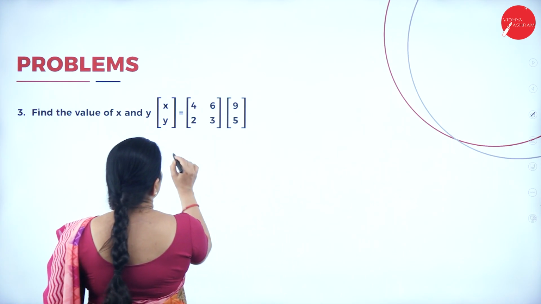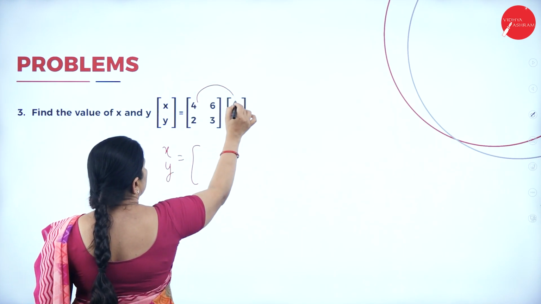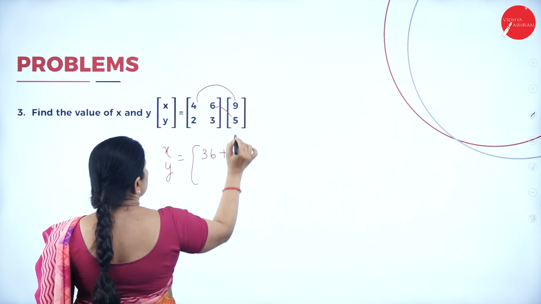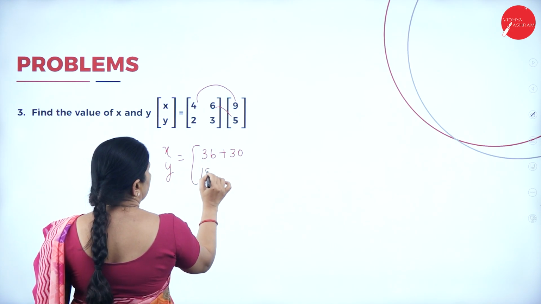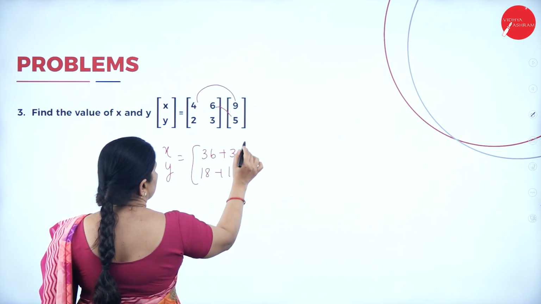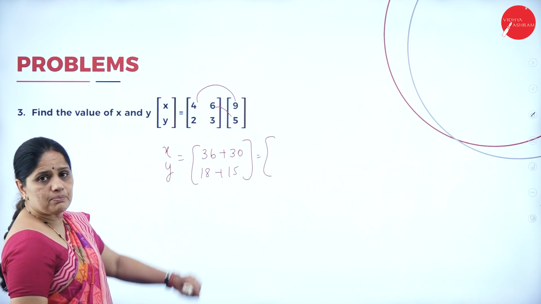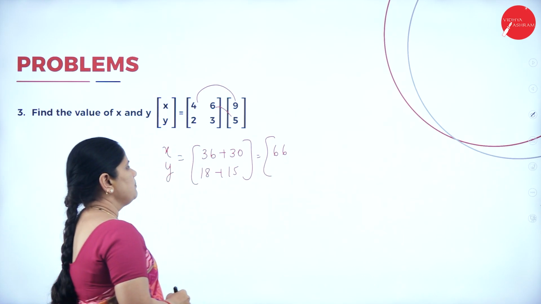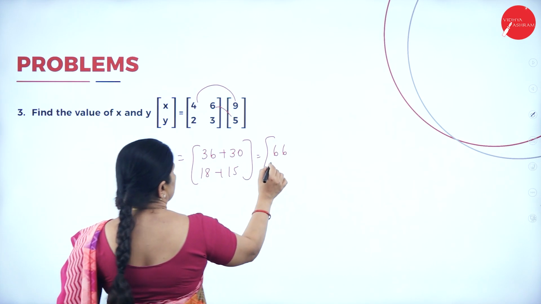So this will be equal to x, y equals 4 into 9, 36, plus 6 into 5 is 30, 2 into 9, 18, plus 15. So this will be equal to 36 plus 30 is 66, 18 plus 15 equals 33.